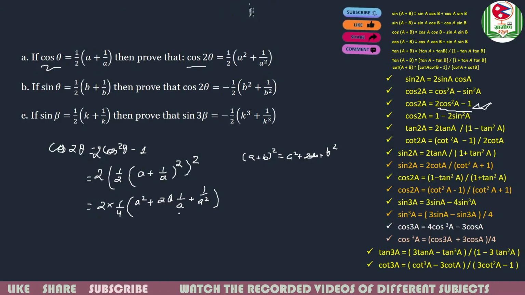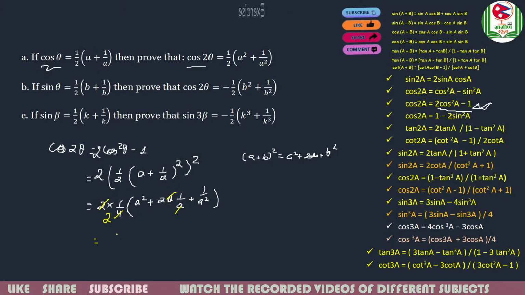So here a and a are cancelled out, and what will be the result? Do you have any idea? 2 into 1 by 4 is going to be 1 by 2.